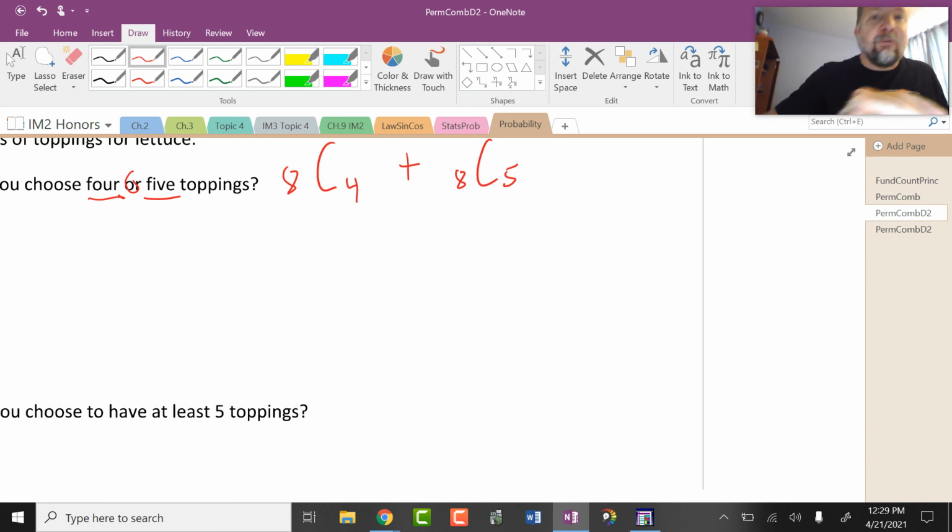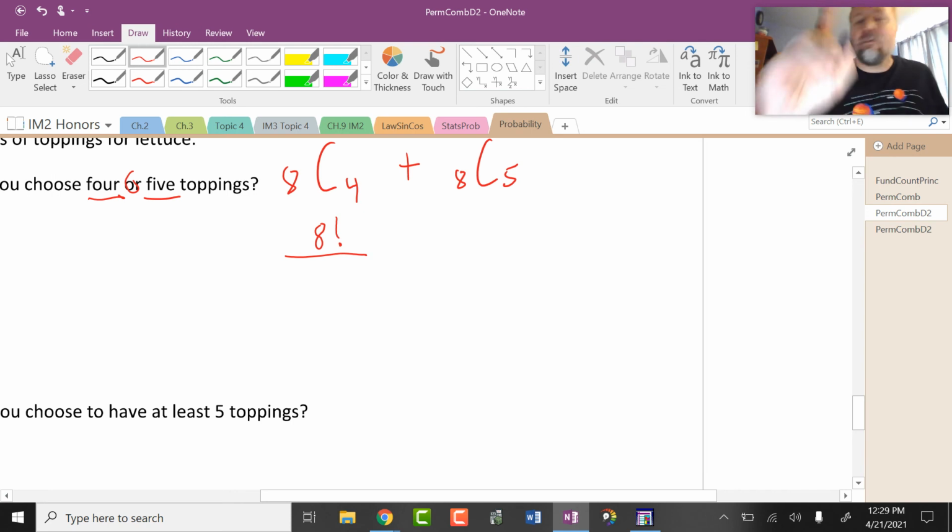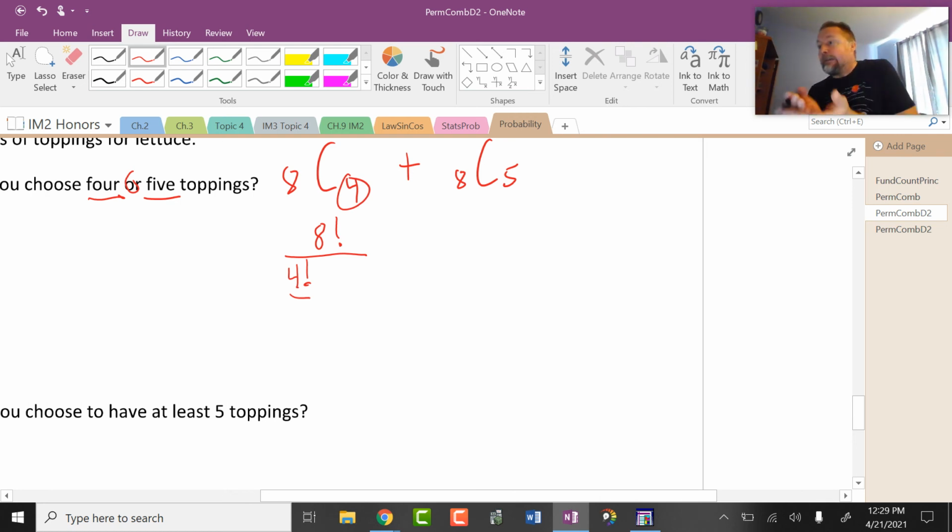Okay, so real quick as review, and I think you could do the last one just fine, but this is 8 factorial over... now go ahead and do this. For a combination, is that 4 factorial? This flat out goes right here. This is why I do no calculator, so you prove you know what a combination is and what the formula is behind the scenes of just pressing buttons and extracting an answer.